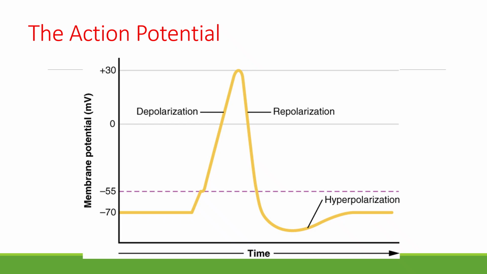And when that happens, we're going to have a massive depolarization event. Notice that our membrane potential goes up to +30, and then it's going to start to repolarize, and it's going to drop back down. In fact, it's going to drop down below -70 in a hyperpolarization event, and then it's going to level back off at -70. That was an electrical signal that just traveled down that axon, and that's what it looks like.